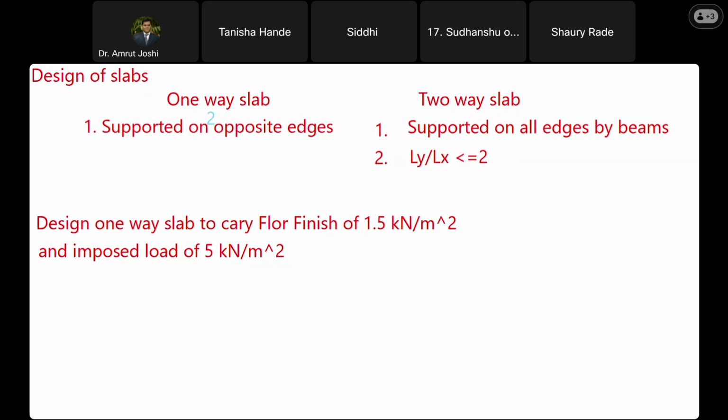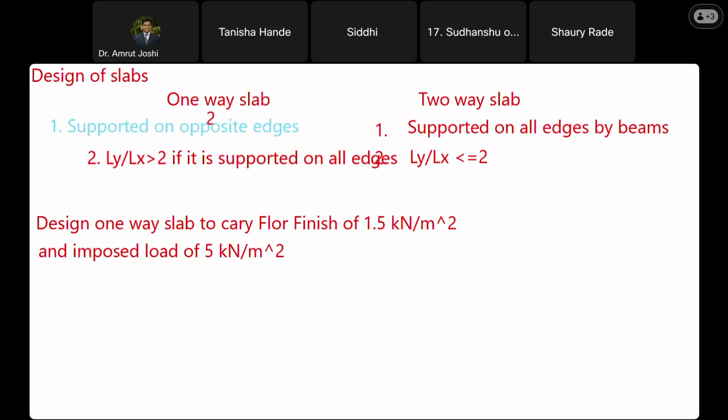And the second condition is the Ly by Lx ratio is greater than 2, if it is supported on all edges. So there are two situations in which we call this slab a one-way slab.